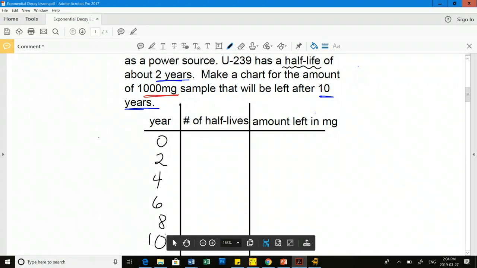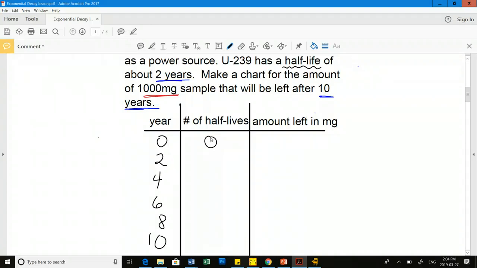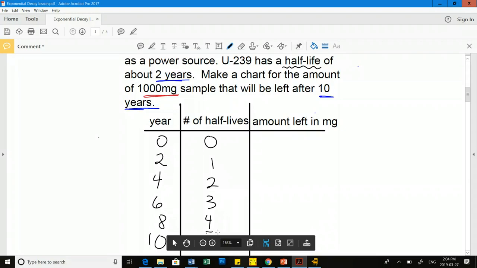And then the number of half-lives that will happen, because half-lives are happening every 2 years. Of course, at the beginning, no half-lives have happened, but after 2 years, how many times have we halved the original sample? Paige? 1. And then after 4 years, we've halved the original sample twice. Yep, and so on. So 3, 4, and 5.